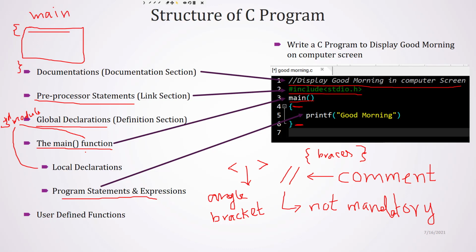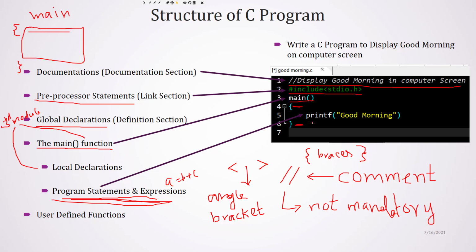Inside main we write the instructions, here written as program statements and expressions. Expression we all know, if I write something like a = b + c, we call it an expression. Everything will be written within main.